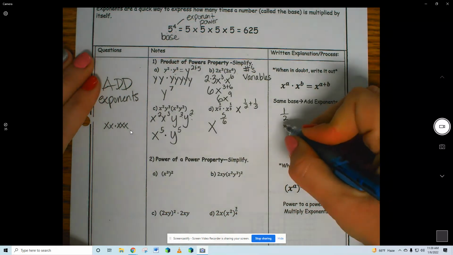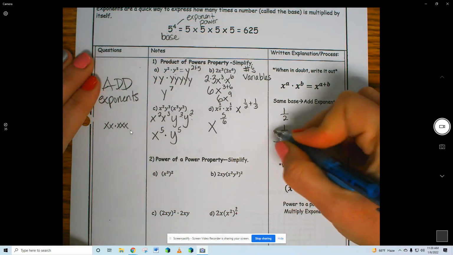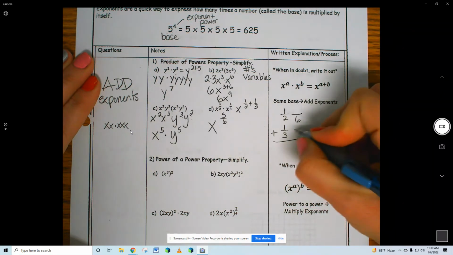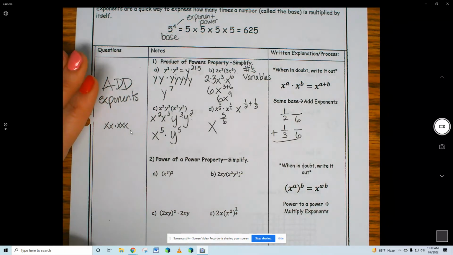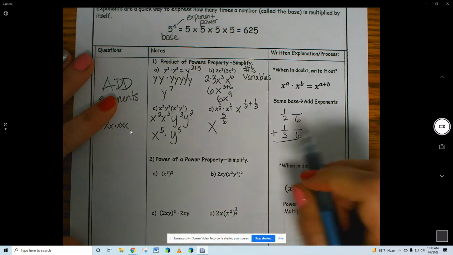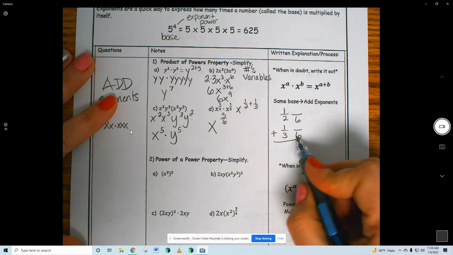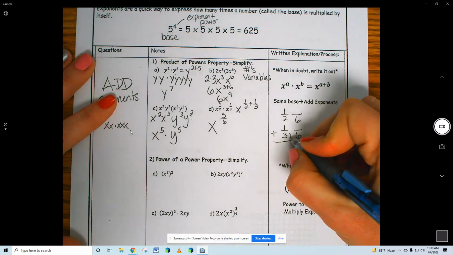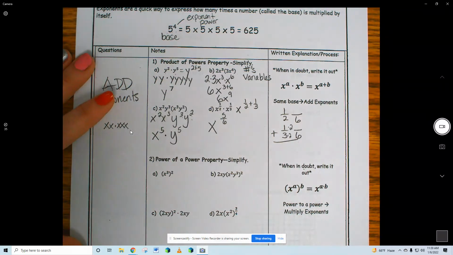Yes, Christian, I'll explain it. Find a common denominator. 2 and 3 makes our 6. How does 3 become a 6? What do I do to a 3 to make it a 6th? Times 2. Whatever I do to the bottom, I do to the top.